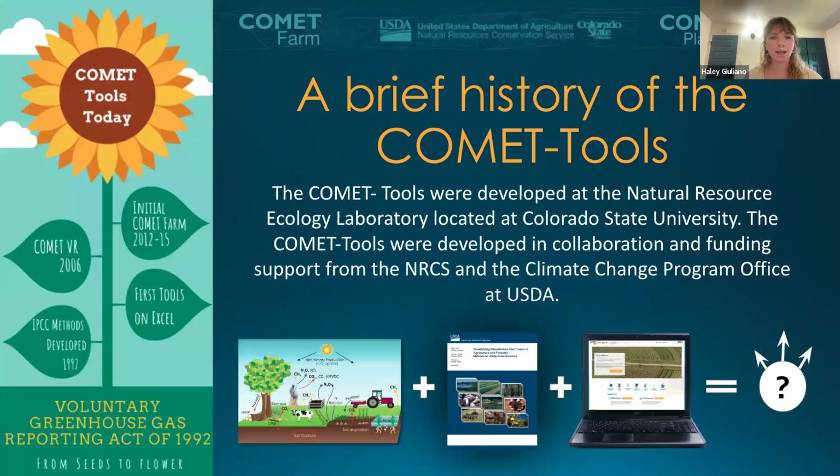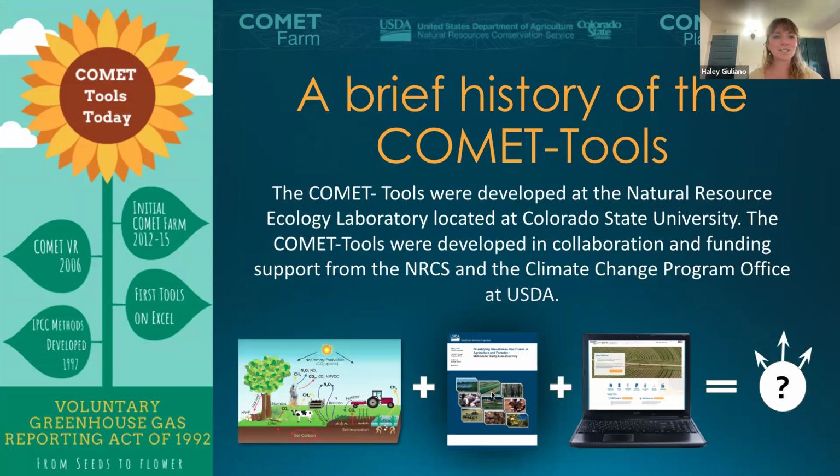So let's look at just a background of the COMET tools. So USDA, Climate Change Office and NRCS took things beyond the 2006 IPCC methods and developed what we know as the Blue Book. This Blue Book down at the bottom looks a little different now, and we'll get there in a few slides.